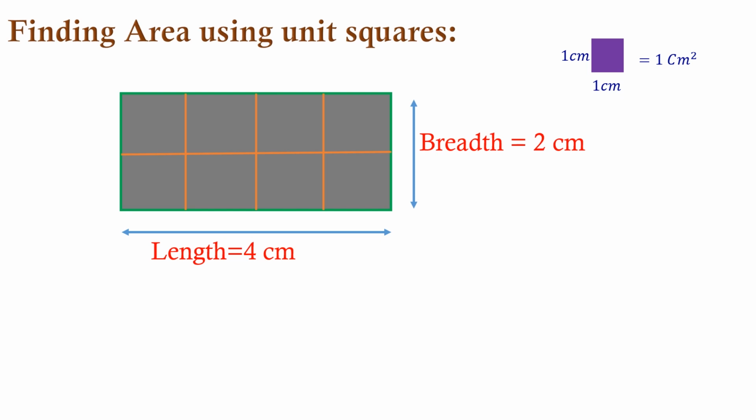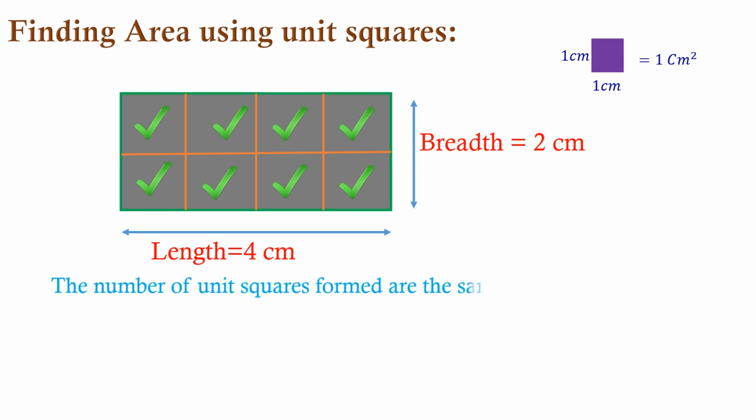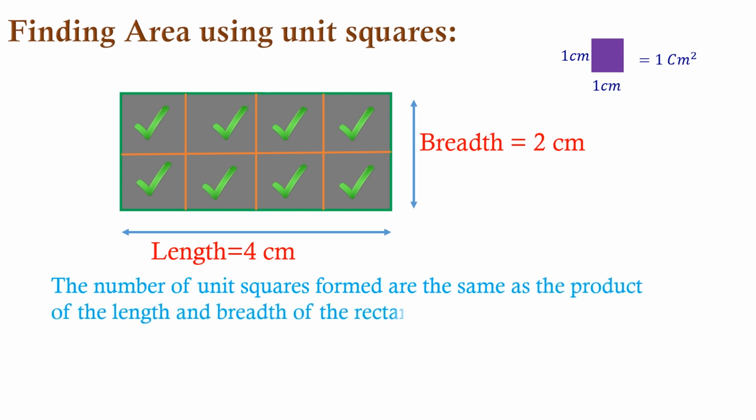Now count how many unit square boxes are in this. 1, 2, 3, 4, 5, 6, 7, 8. Totally 8 square boxes are there. So, the number of unit squares formed is the same as the product of the length and breadth of the rectangle.